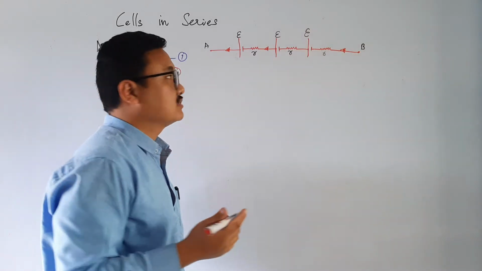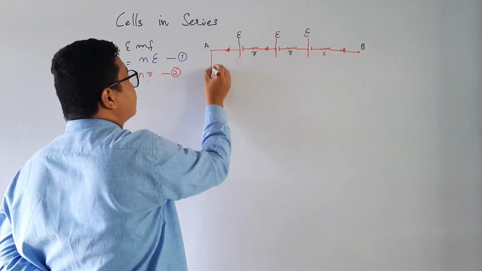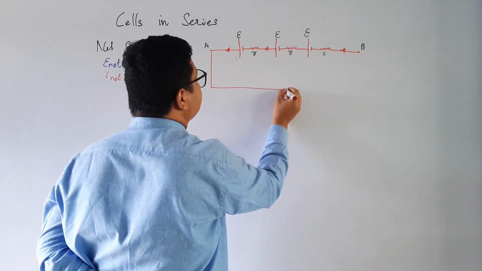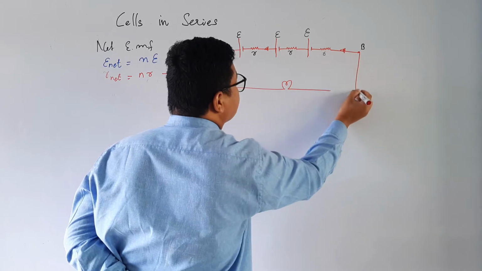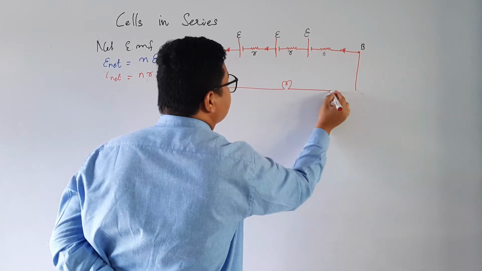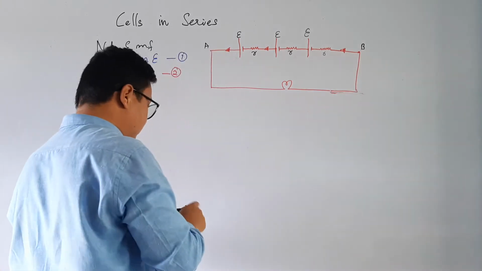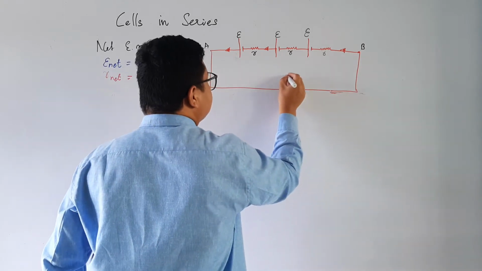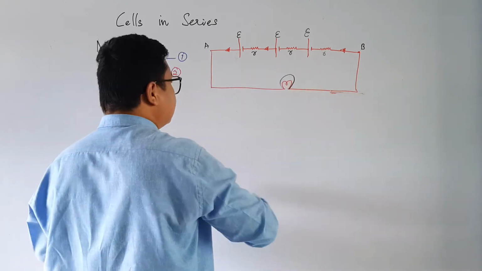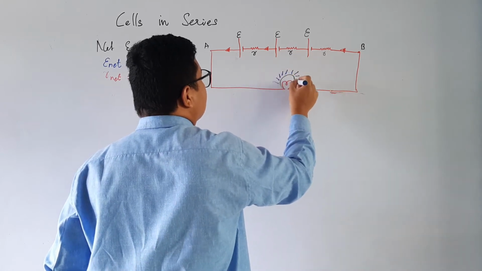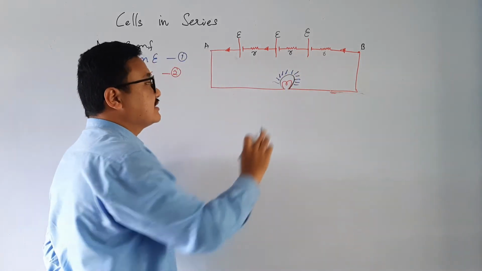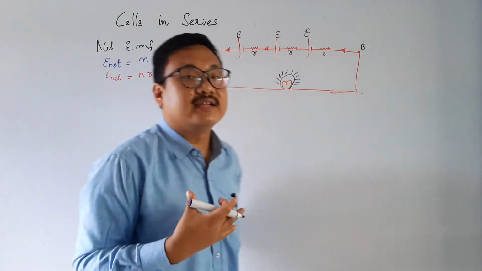Now what we do is, let us connect this series of cells with an external resistance. For an example, let me connect it with an electric bulb. So this is my electric bulb connected with the 3 cells given in series. So this electric bulb is glowing like this, and this is my external resistance.